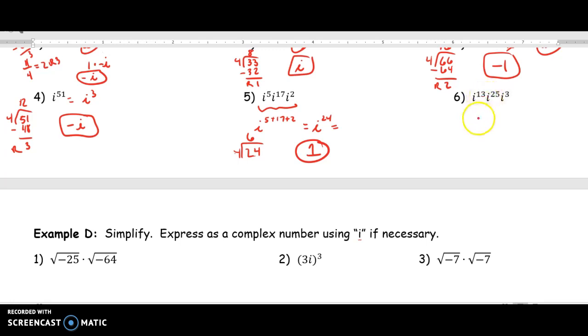The next one, when I add the exponents here, I get i to the, what is that, 38 plus 1, i to the 41. 41 divided by 4, it goes in 10 times. What's my remainder going to be? 1. So what is i to the first is just i.